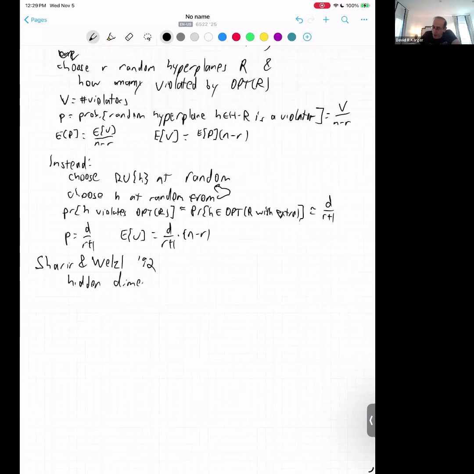Their idea is to look more closely at Seidel's algorithm. I wish I had a 5-dimensional blackboard where I could convey some of these ideas more clearly. Seidel's advantage was that when we omitted this hyperplane, we knew that it was in the optimum, so we only needed to find d-1 other constraints of the optimum.